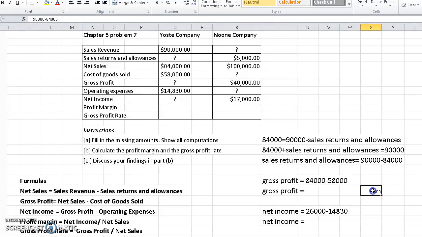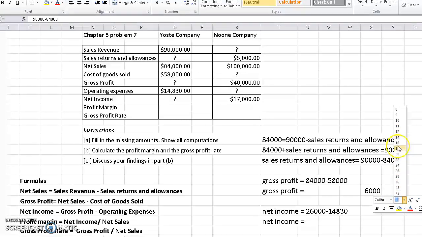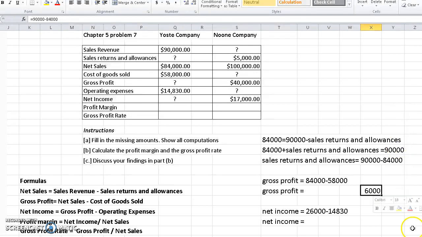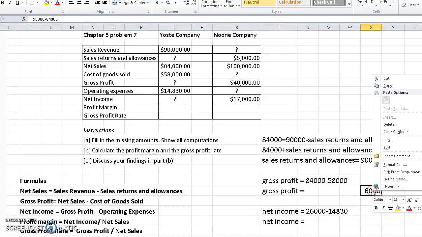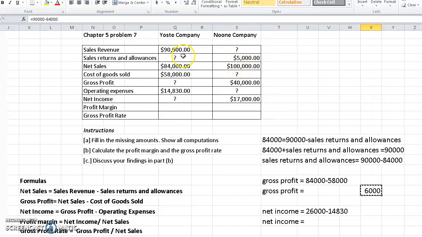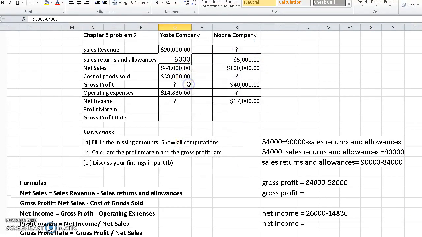A little hard to see, so let me make that a little bigger. Okay, so now we can take that number right there, right-click, cut, and we can put it right here in the sales return and allowances, and we'll have that number right there.